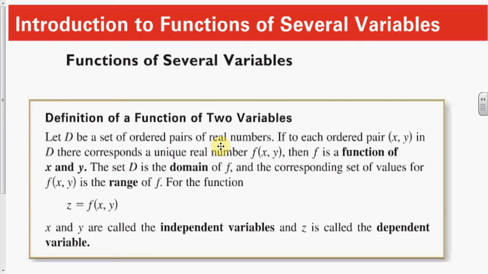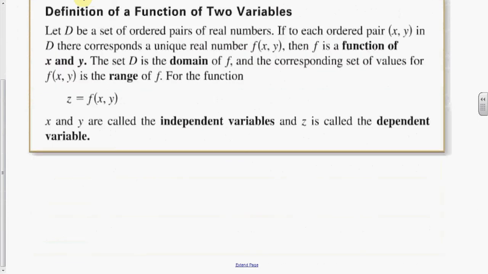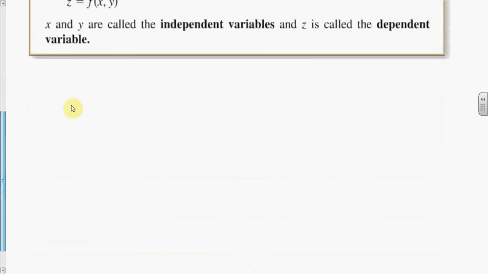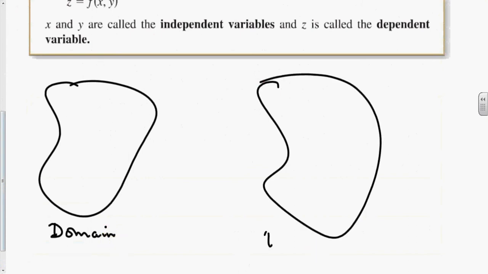The so-called domain, we have some domain and then the so-called range. Even a better phrase for range nowadays is codomain.